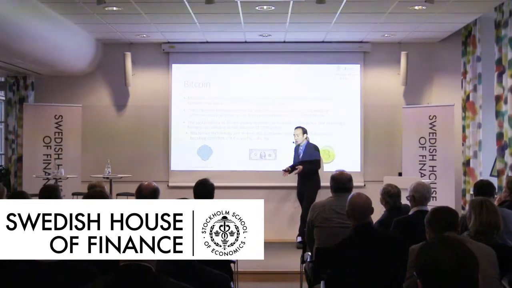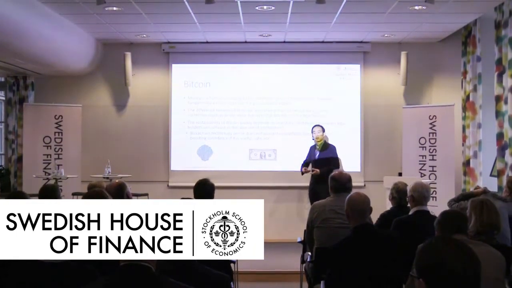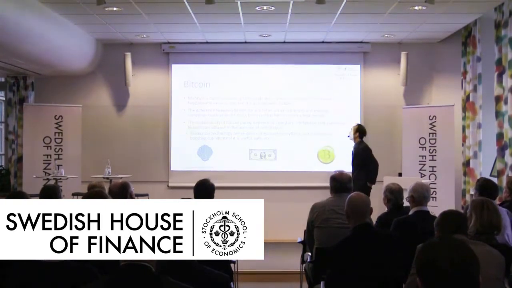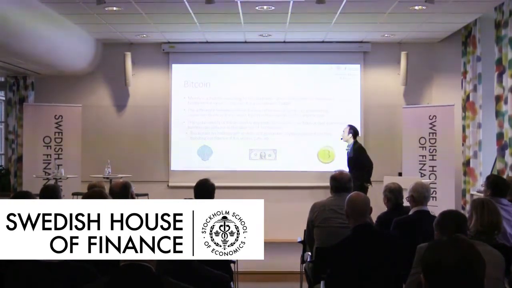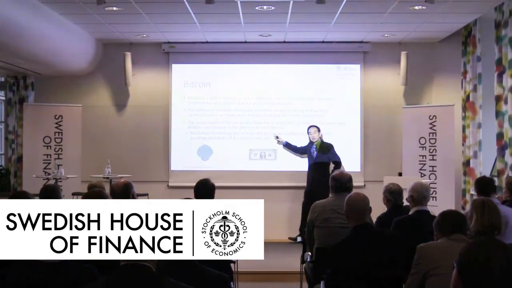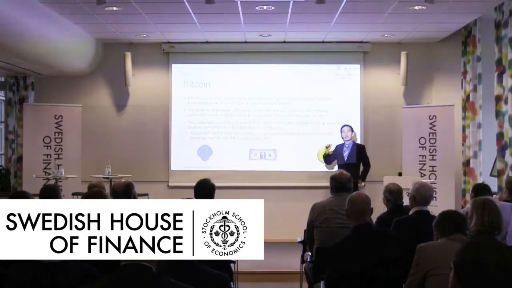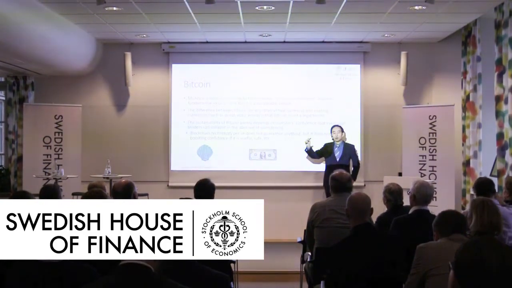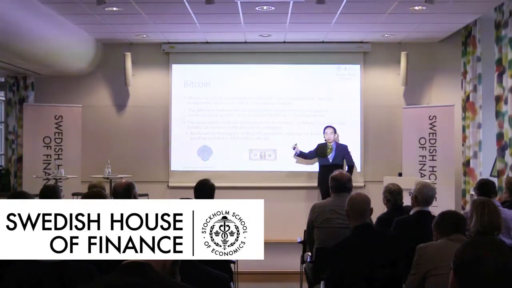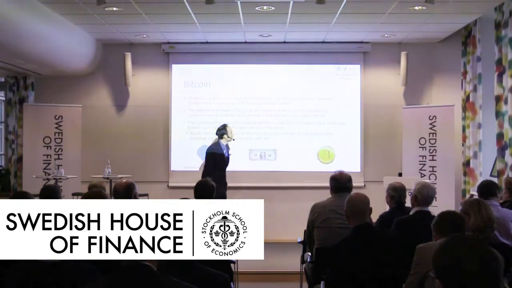Unlike Bitcoin, dollars and euros and krona are legal tender. There are government and central bank backing the currency. Bitcoin doesn't have that. So as a result, Bitcoin's sustainability purely depends on the confidence of investors. So if we all believe that Bitcoin is sustainable, no matter what happens, it'll survive. If we don't believe that, well, Bitcoin can collapse any moment, even now.